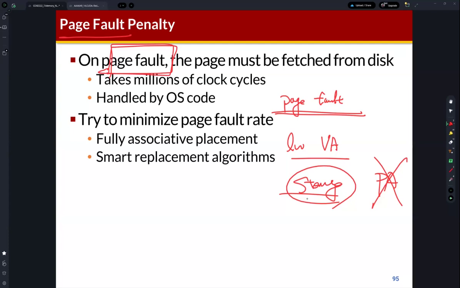For this situation, the operating system needs to fetch, which means read the page data from storage and transfer this page data into main memory. This is a page fault, and the operating system needs to handle the page fault situation.